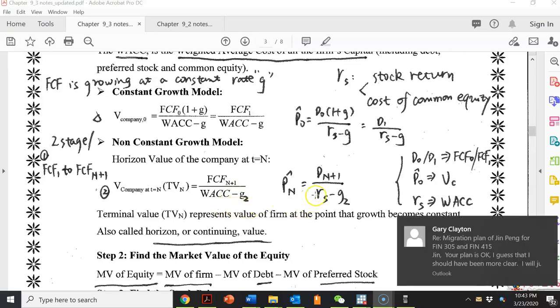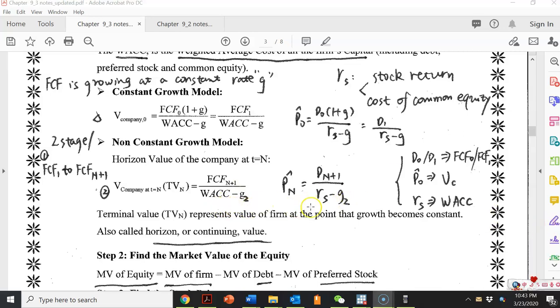Again, this is very similar to how we calculate horizon value in the dividend discount model. It's just that we're switching dividends to free cash flows, price to value of the firm, and R to WACC.